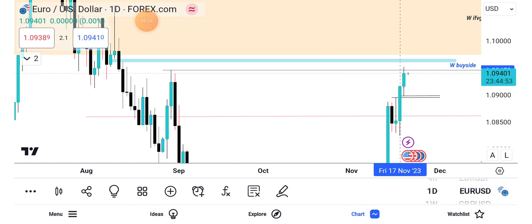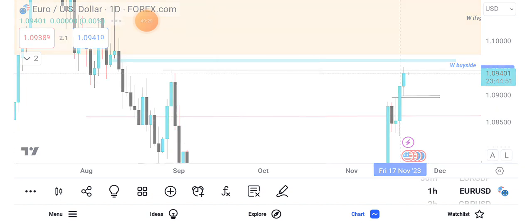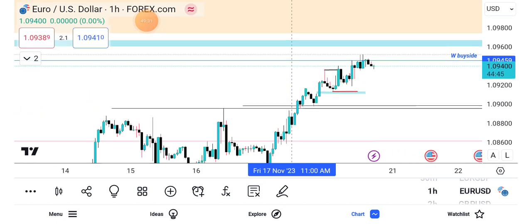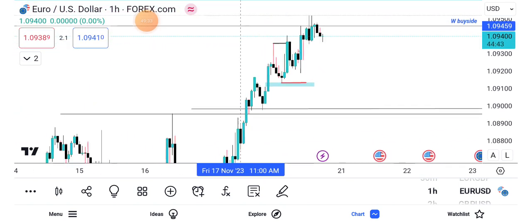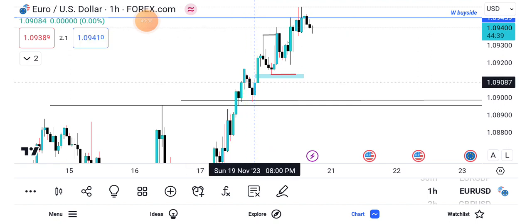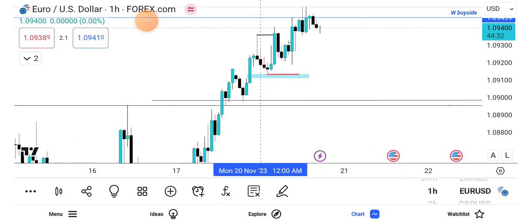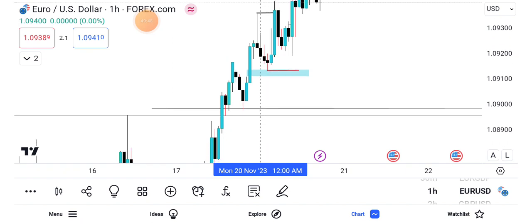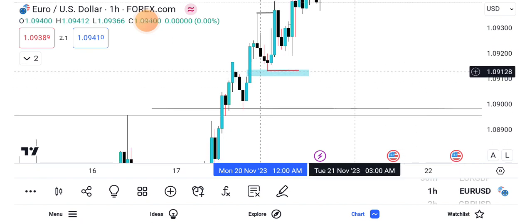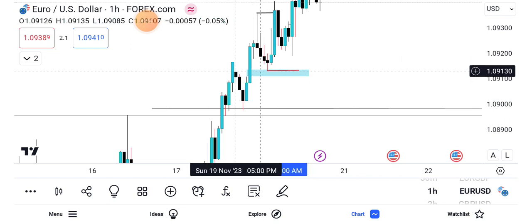So yeah, going to the 1 hour, because from the daily we dropped to the 1 hour, and I want to see how price played out today. Okay, so on Monday, today, we can see price opened with this fair value gap here, and these down close candles in a bullish market.